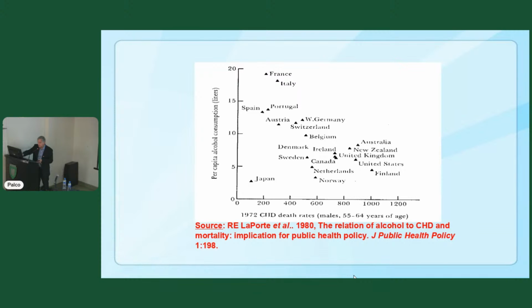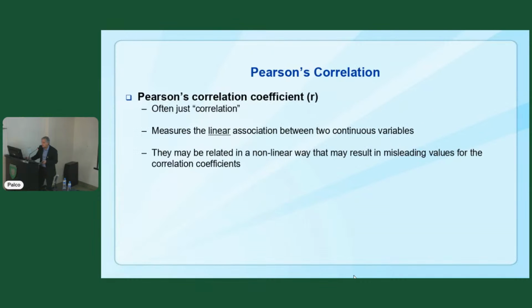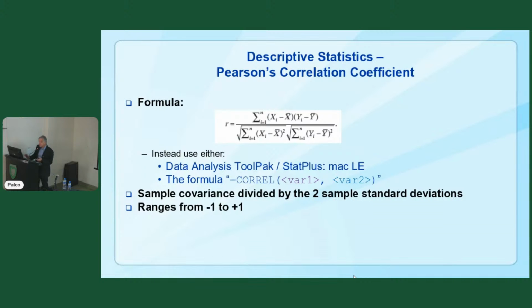So that should be a tail. If you eliminate Japan from this curve, you can see the straight line is perfectly aligned with most of the data points. So that's what your correlation is. This is an important measure that establishes the relationship: sample covariance divided by the two sample standard deviations. The summation on the top is your covariance, basically.